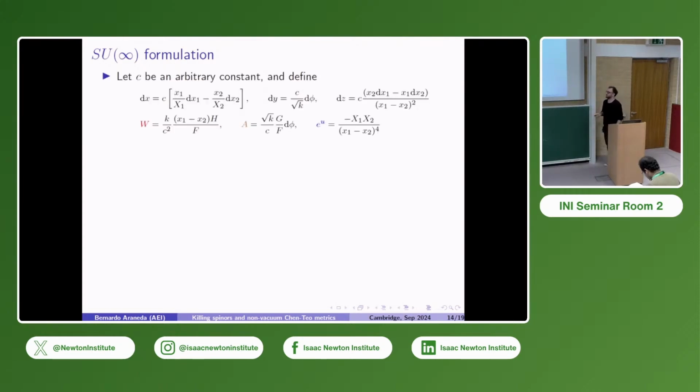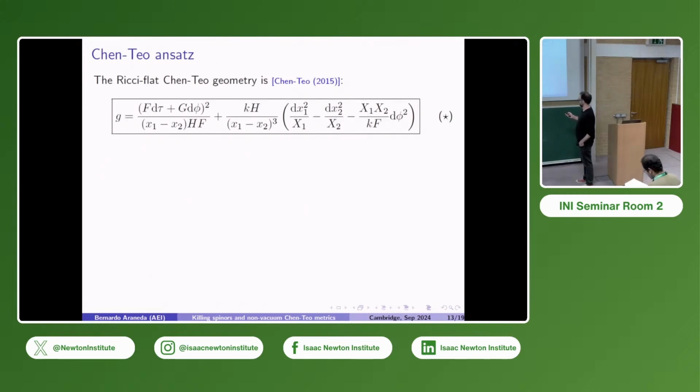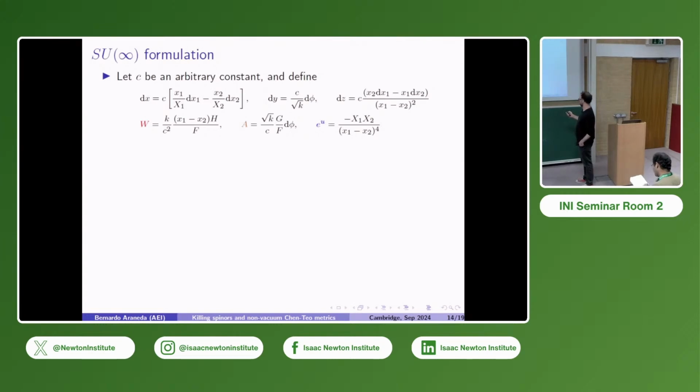Again, I apologize for the explicit details, but what I'm trying to show here is that if you start from the Chen-Teo ansatz, and you perform a coordinate transformation that I'm giving here explicitly, these kind of definitions, and you work out the details, then you can show that actually the Chen-Teo ansatz has a Lebrun normal form.